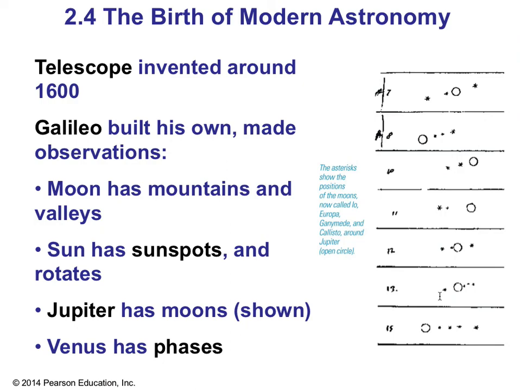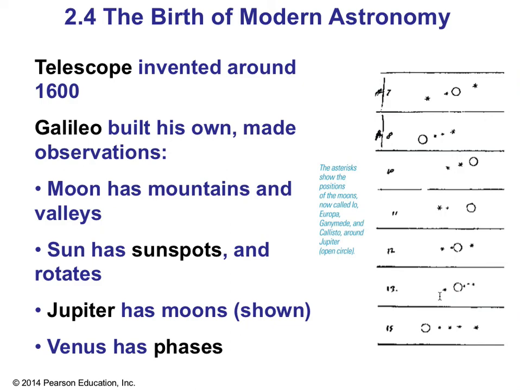They were actually valleys that were shadowed as the different angle of the sunlight was hitting the surface. He discovered that the sun had sunspots, and because of the data collected on sunspots, Galileo was able to figure out that the sun was rotating, that it wasn't just stationary in one spot.